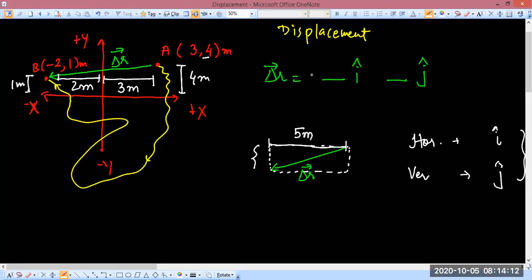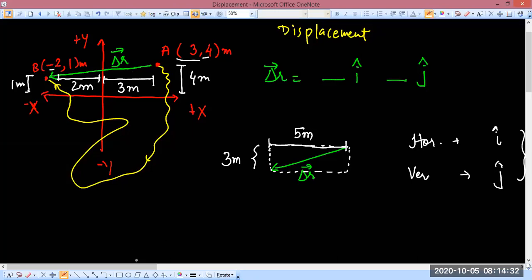Right? I hope this is clear. Okay, if we draw a vector from this point to this point, we're getting 5 meter and 3 meter.